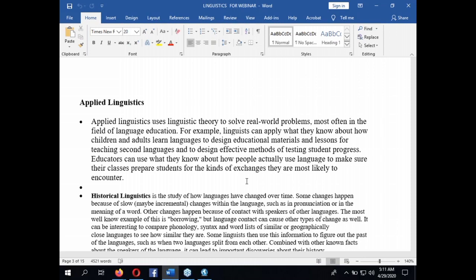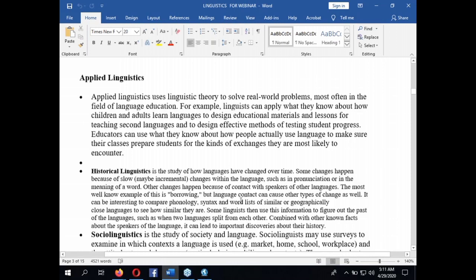Now, educators can use what they know about how people actually use language to make sure their classes prepare students for the kinds of exchanges they are most likely to encounter. Now, historical linguistics talks about the study of how languages have changed over time.